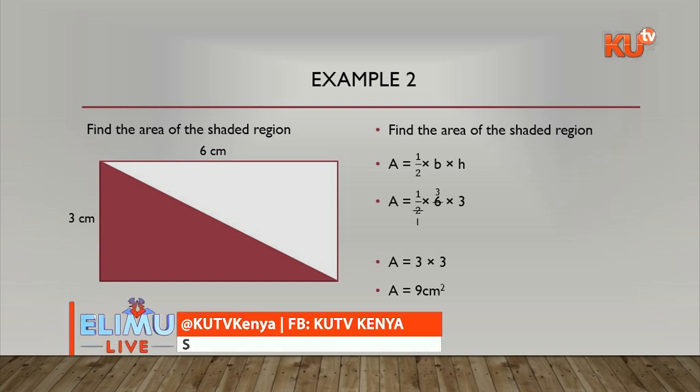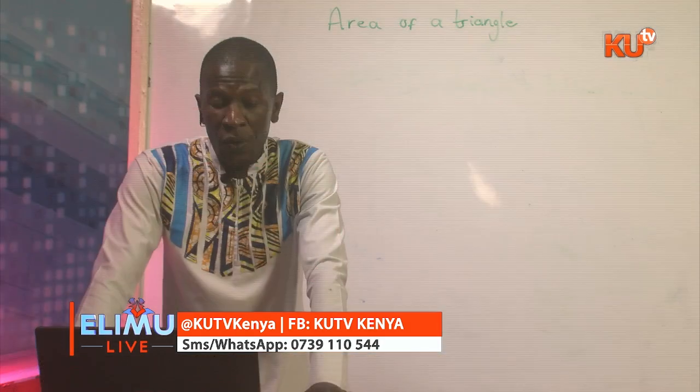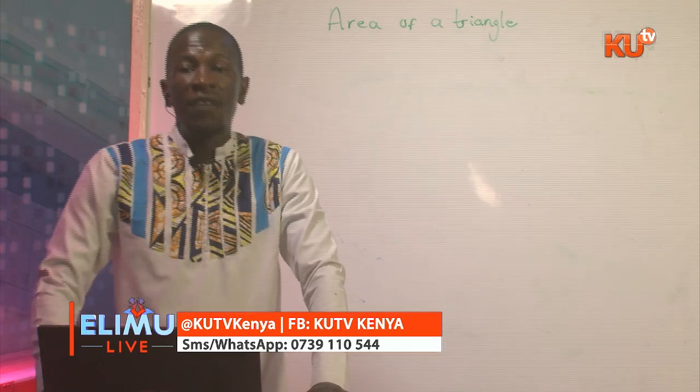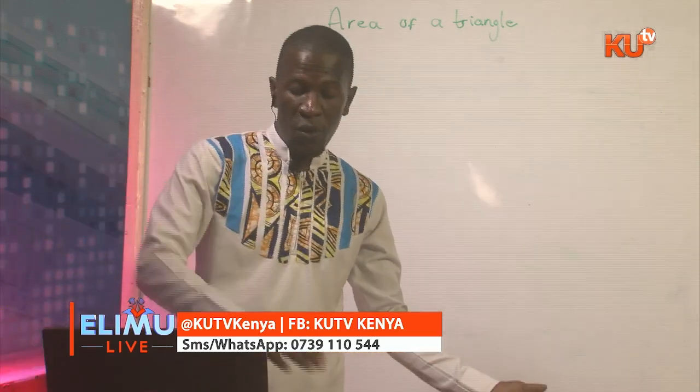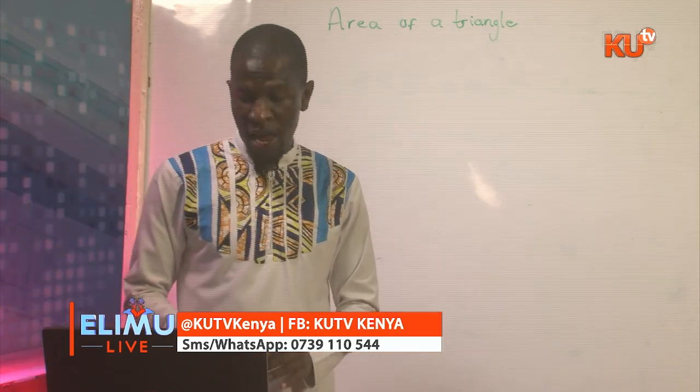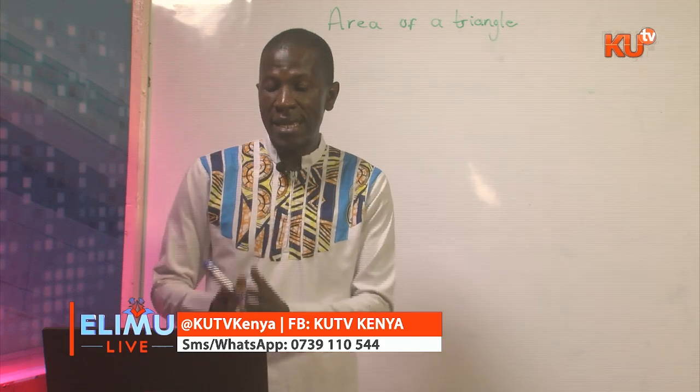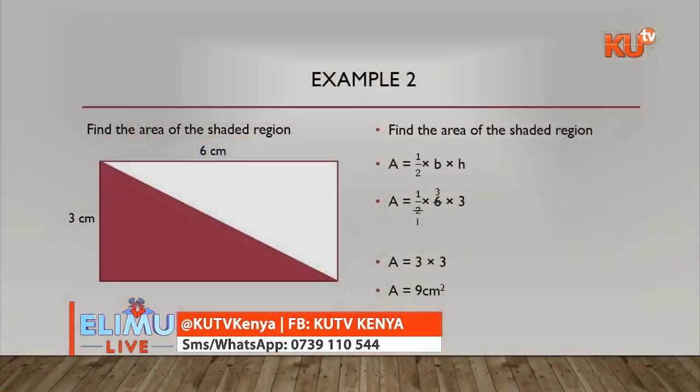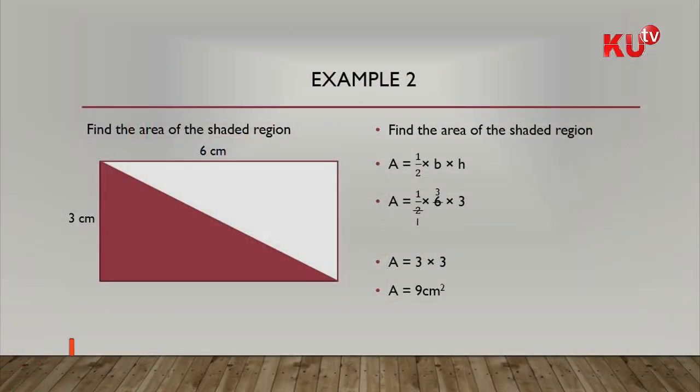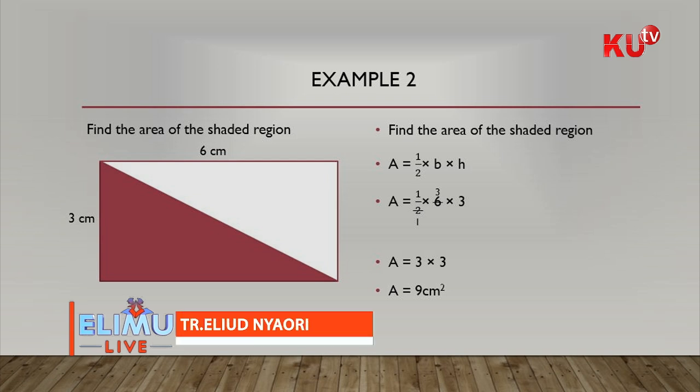Now, what we didn't explain earlier, a triangle can be a half of a rectangle or a square. So as you can see that figure on your screen, we say find the area of the shaded region.